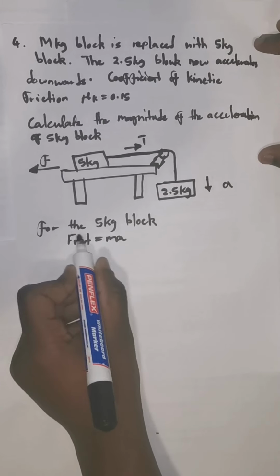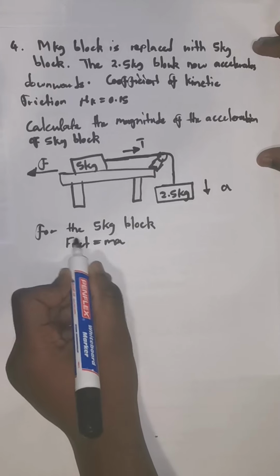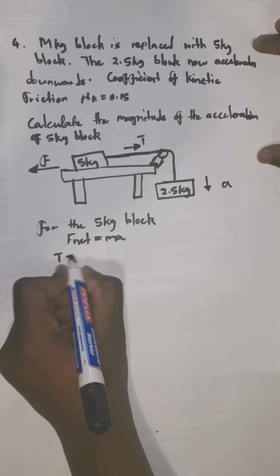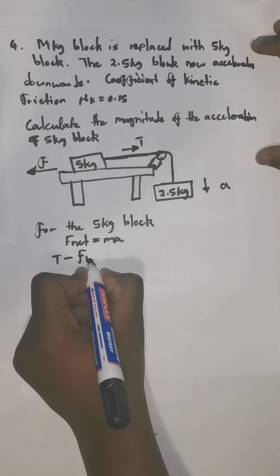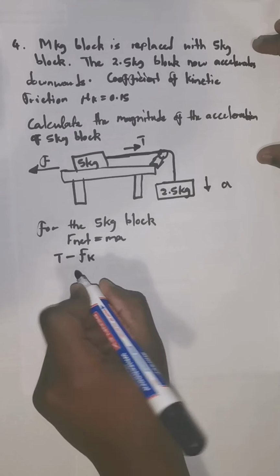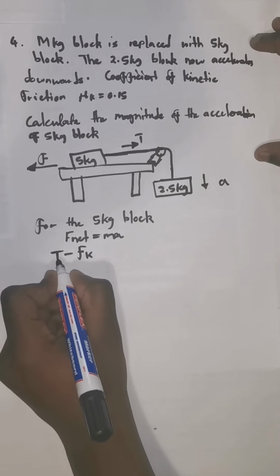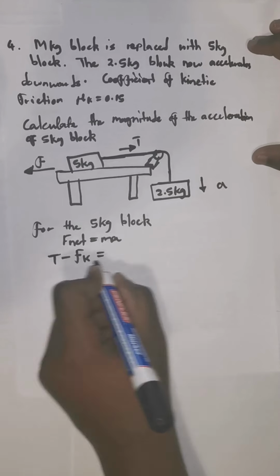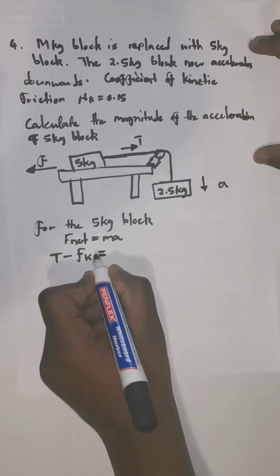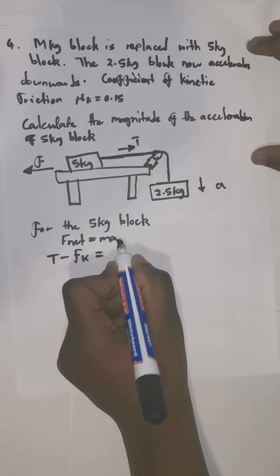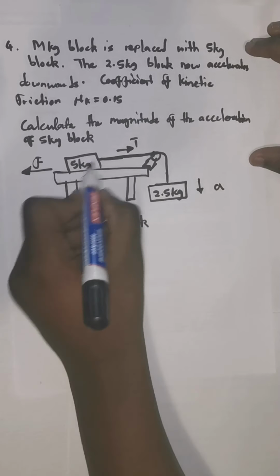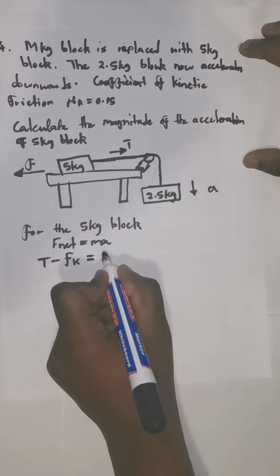Therefore, when we substitute right here into the force summation, the F net, it's going to be tension minus friction, not the other way around. Remember, tension gives us the greater value. It's equal to MA. M is the mass of the block that we're considering, so it's going to be 5.